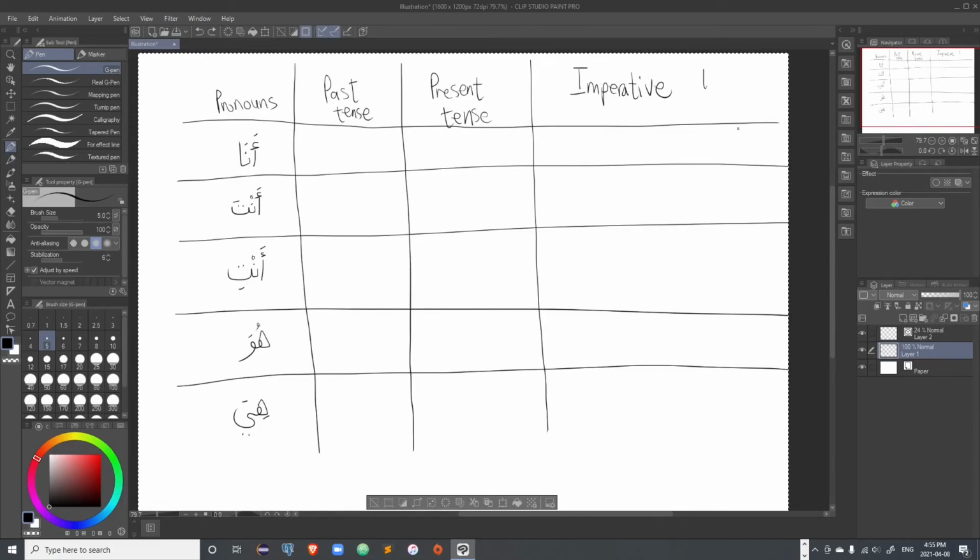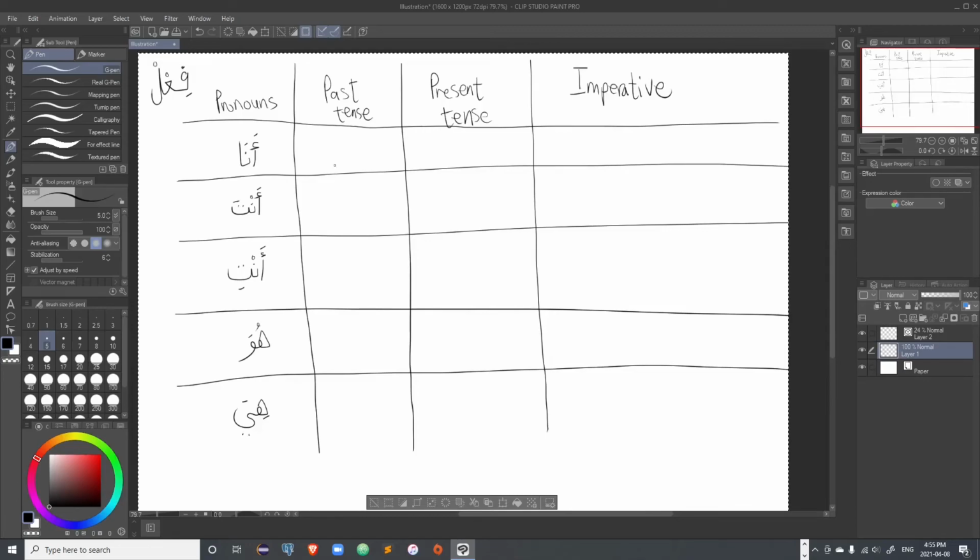And as a noun, the word also means verb. So the word is فعل. That is the noun. فعل. Now what we need to do is transform that root to a verb in different tenses, conjugated differently as well.